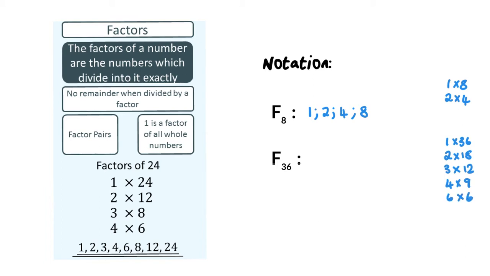And this is of course also an indication that I've now reached the end of my factor pairs. Putting them in order, I will have 1, 2, 3, 4, 6, which I only have to write once, 9, 12, 18, and 36.